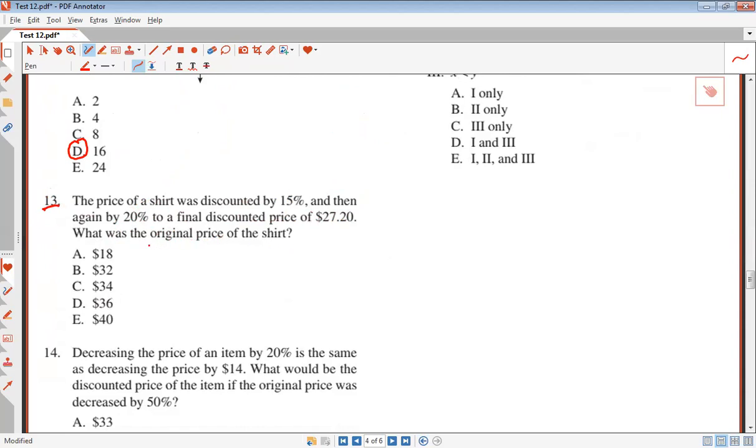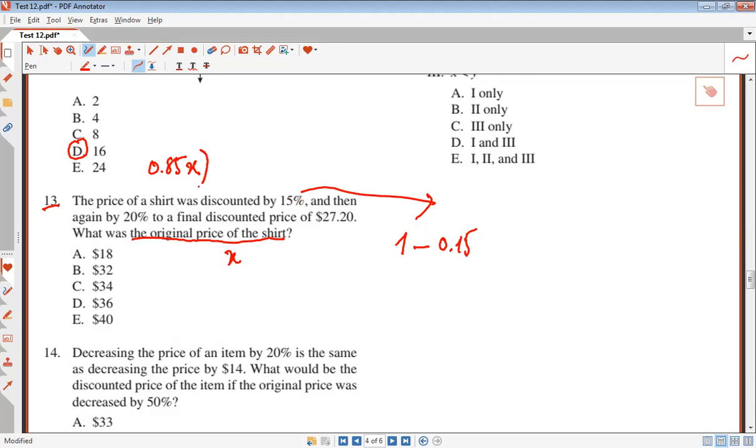We set the original price of the shirt as the variable S, and we have 0.85 times S for the 15% discount. So we take 1 subtract 0.15, and we get 0.85.